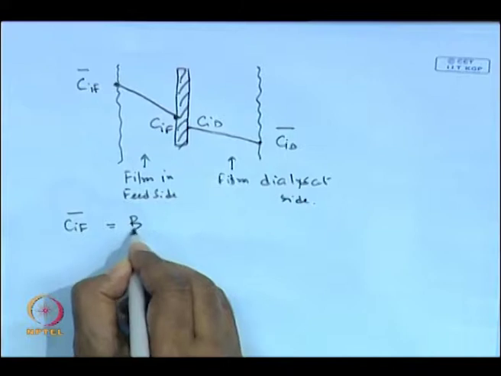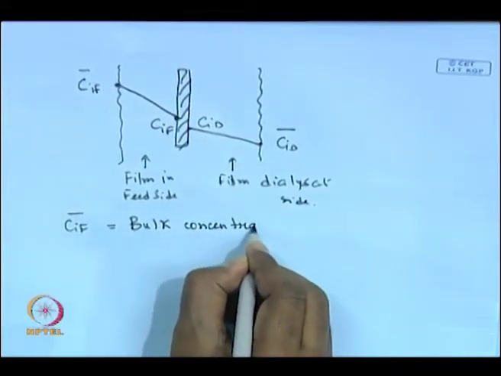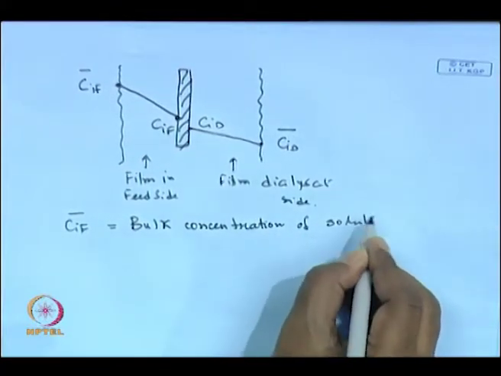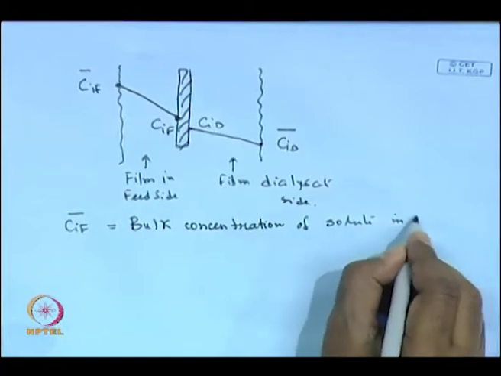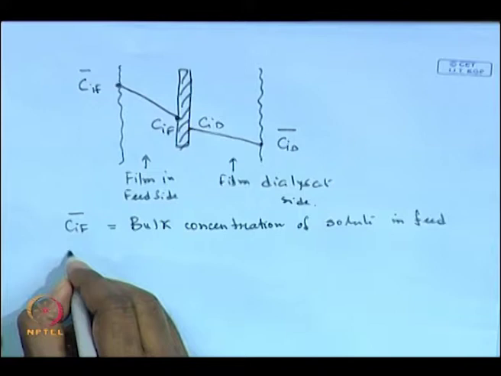So, let us put the nomenclature. CIF bar is nothing but the bulk concentration of solute in the feed, at steady state, of course.